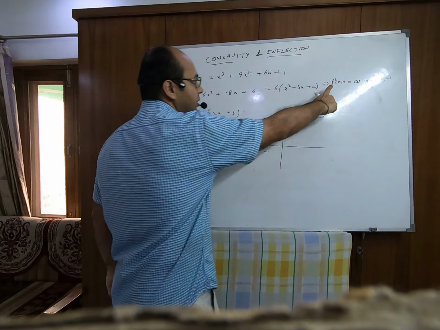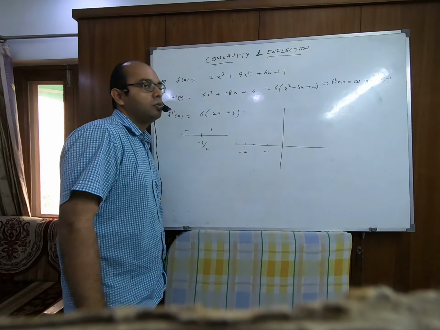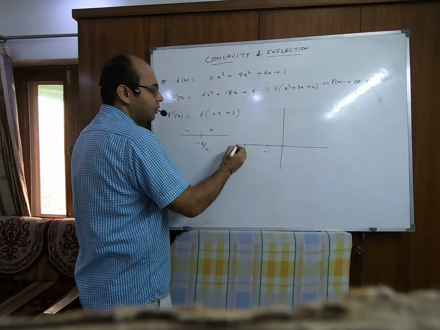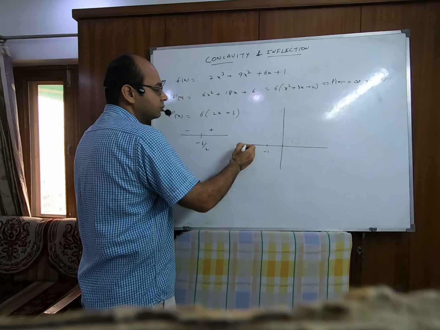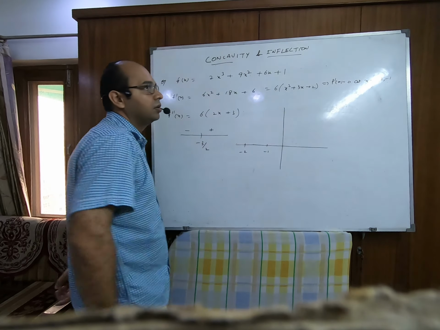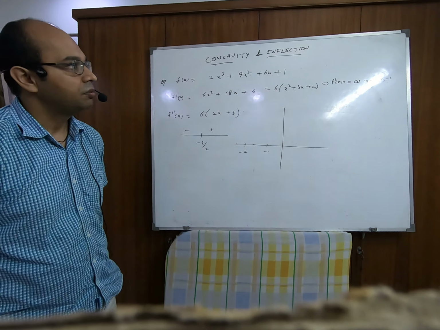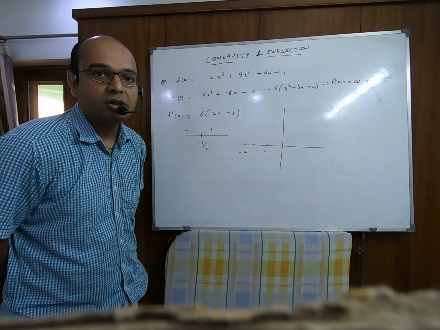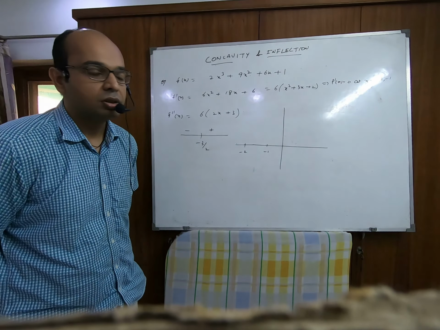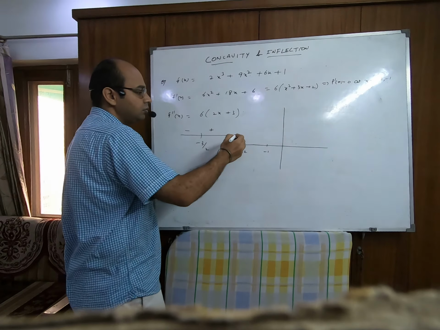I know f'(x) is 0 at 2 points, minus 2 and minus 1. This implies the tangents to f(x) will be parallel to the x-axis at x equal to minus 2 and x equal to minus 1.